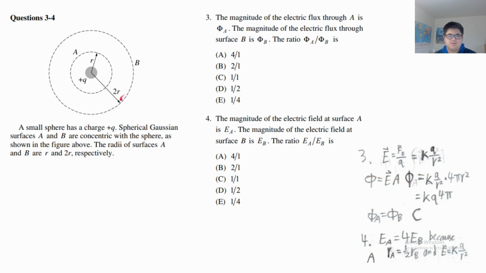Sphere B has twice as much radius, so it's over 2 squared, that would be 1/4 that. So the ratio between EA and EB is 4 over 1, because the electric field going through sphere A is 4 times as strong as that of sphere B. So the answer to question 4 is A, 4 over 1.